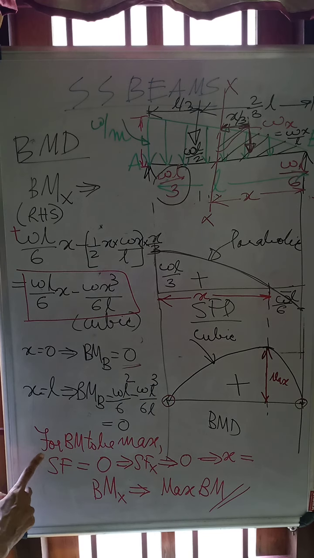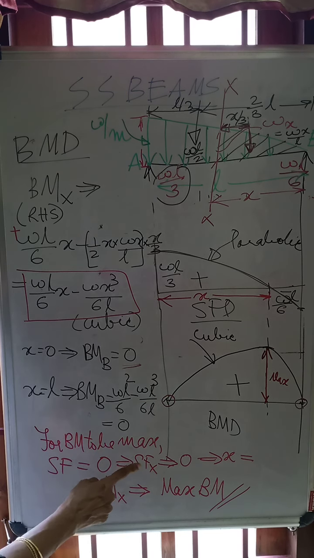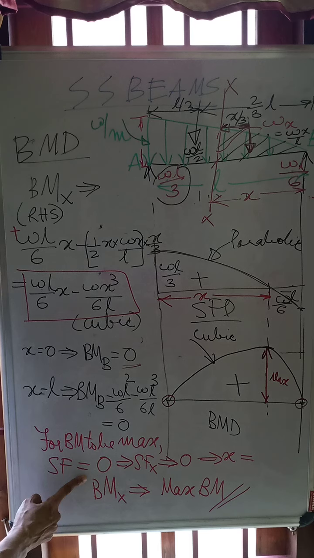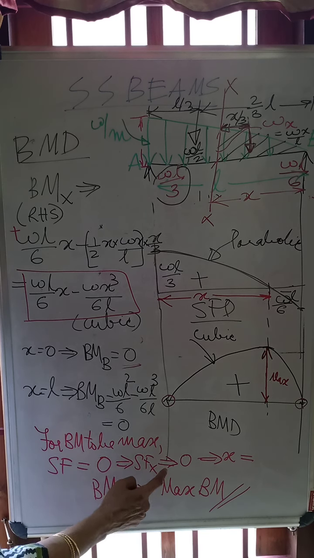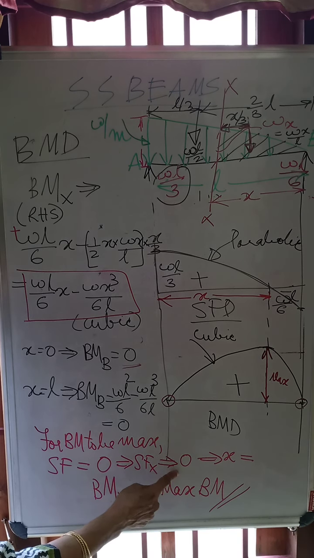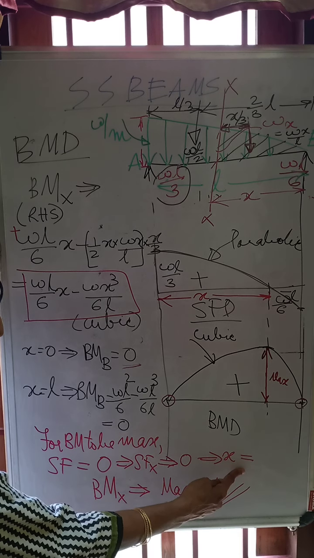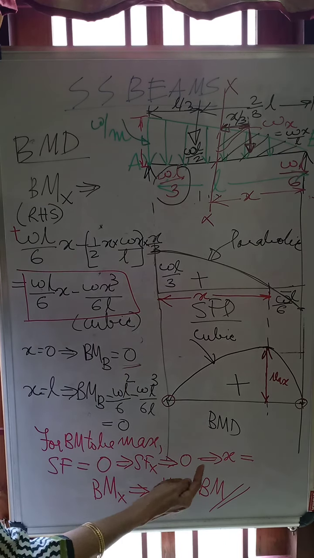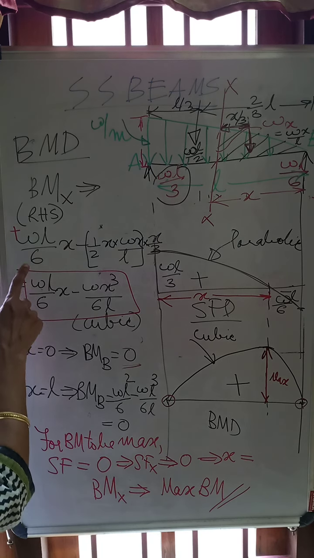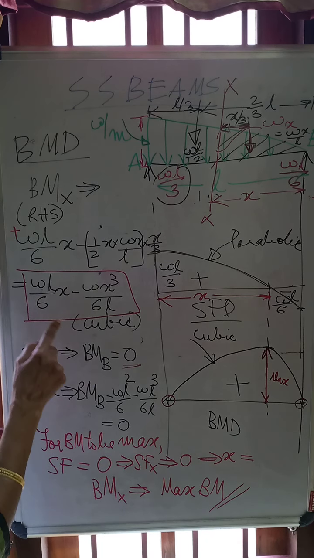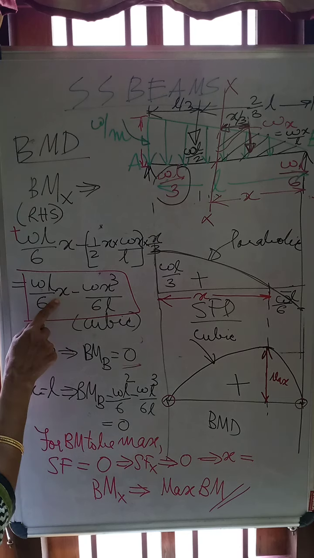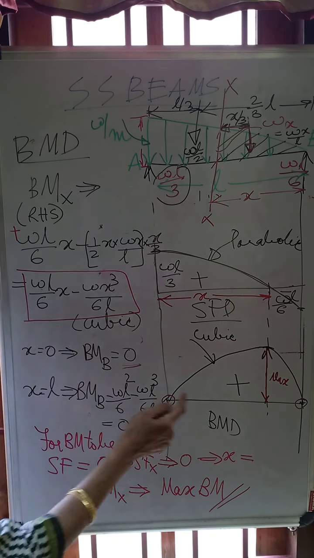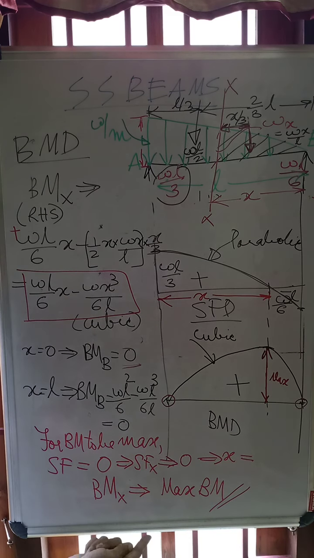For bending moment to be maximum, shear force has to be 0. The shear force at X equation we have already written, you equate that to 0 and solve for the value of X. So you get this much distance in terms of L. Then you back substitute in your equation for bending moment at X. You substitute this value of X in this particular equation, so you will get the magnitude of the maximum bending moment occurring.